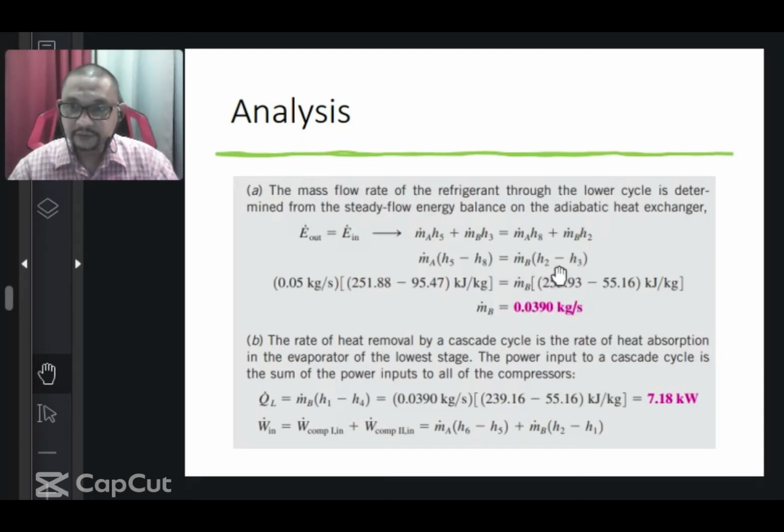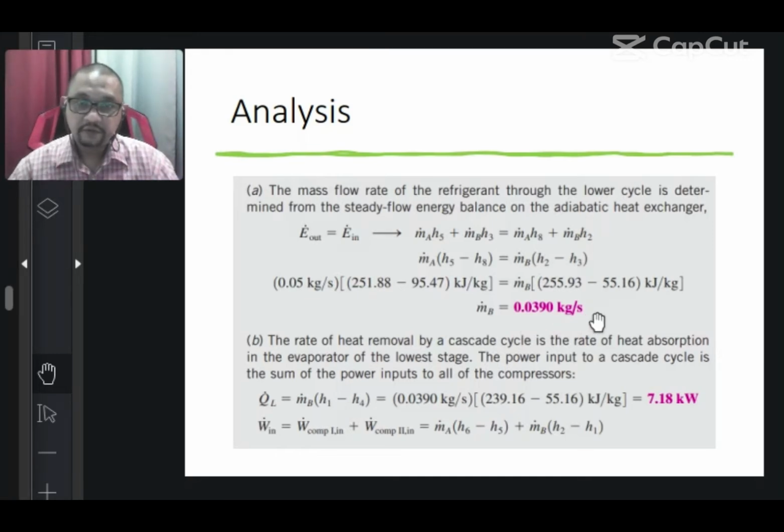So H2, H3, we have found earlier. From there, we have m dot B equals 0.039 kilogram per second. For part B, we want to find the rate of removal by these cascade cycles, which is the rate of heat absorption in the evaporator of the lower stage.